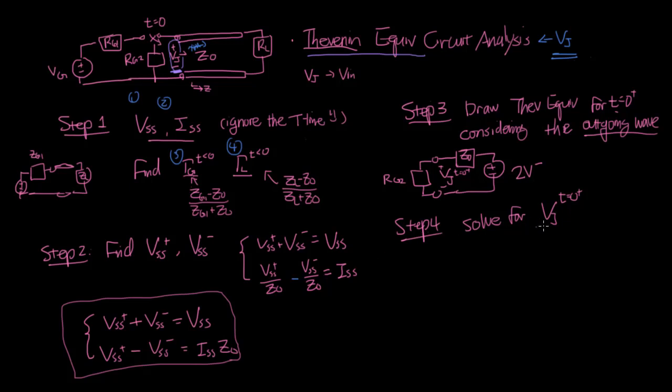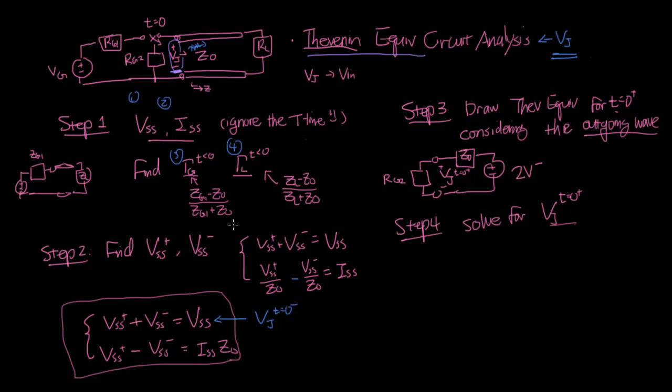And then once you have that, you have Vj at t equals 0 plus, and you also have Vj at t equals 0 minus. In this case, that's VSS, right? So VSS is also equal to Vj at t equals 0 minus. As you can see, this voltage here is simply going to be equal to VSS, which we found up here.